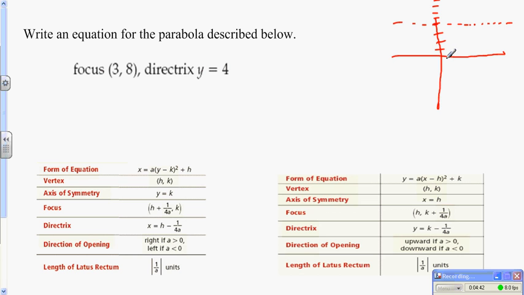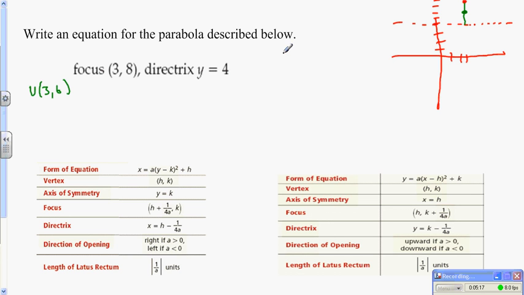Now remember, the vertex is in between a focus and a directrix. It's actually exactly in between. The length of this line to the directrix is 1, 2, 3, 4 units long. So the vertex would be right in the middle. So the vertex has a coordinate of 3 and 4, 5, 6.